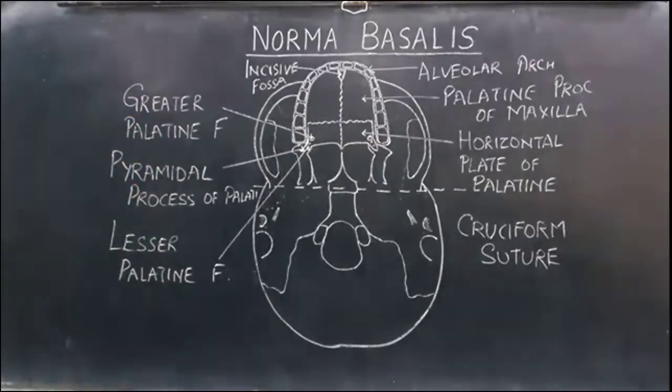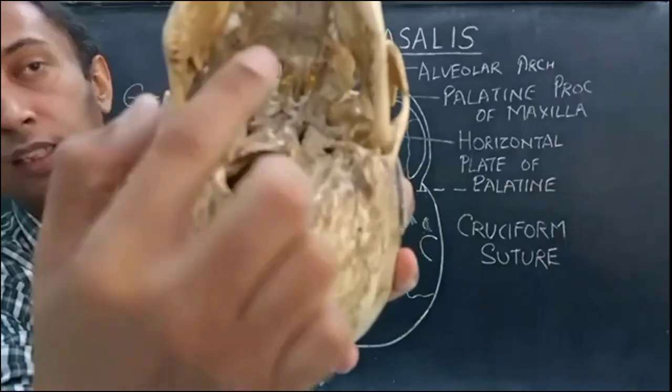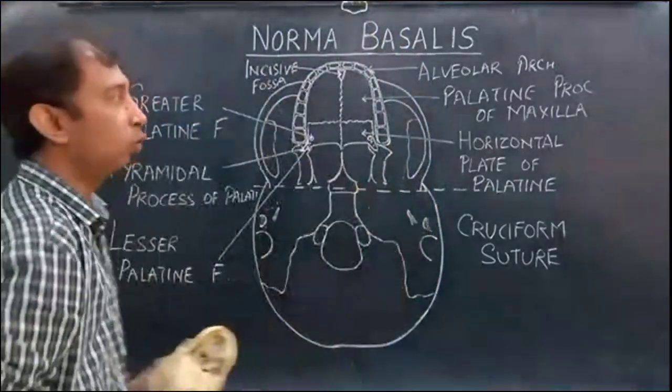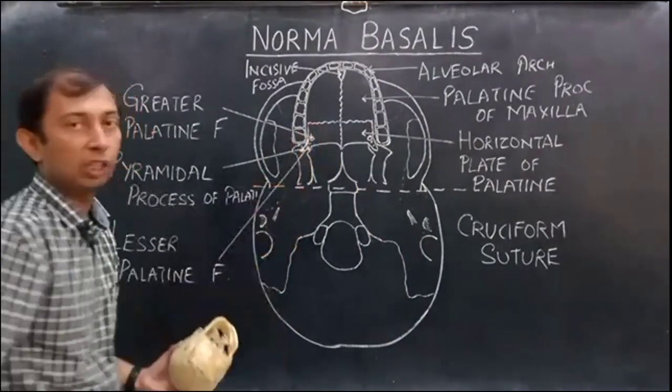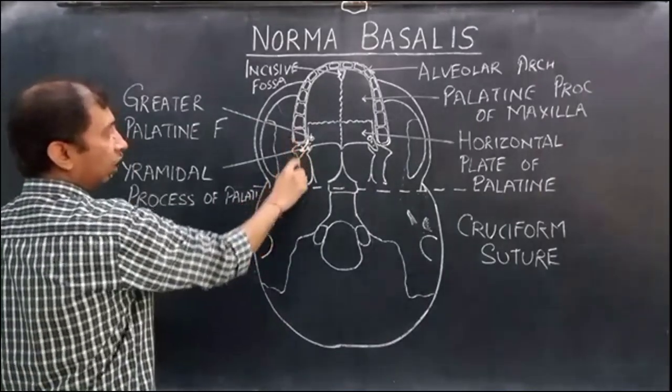So when we look at the Norma Basalis, you can see the pterygoid plates on each side.